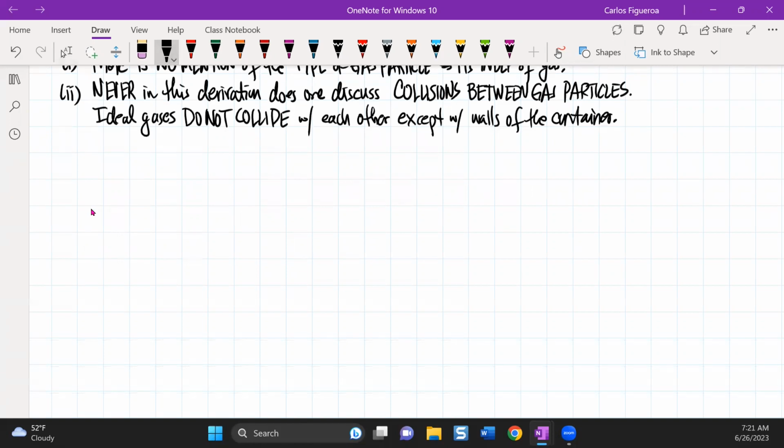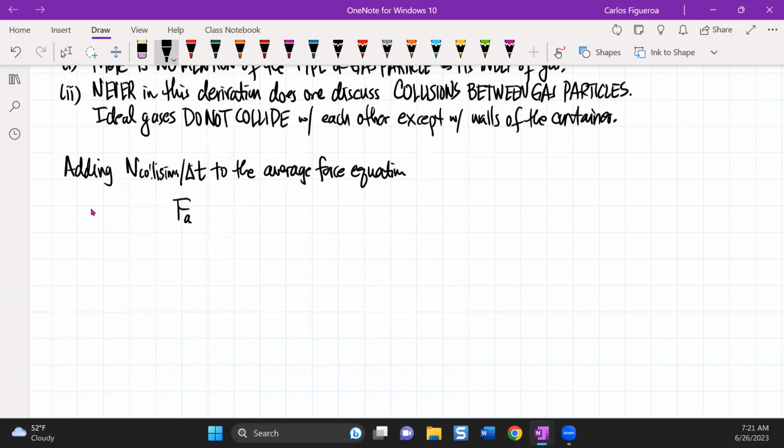So now, adding in collision per unit time to the average force equation yields that the average force, which we had already written as n collision per unit time, times 2 m Vx.